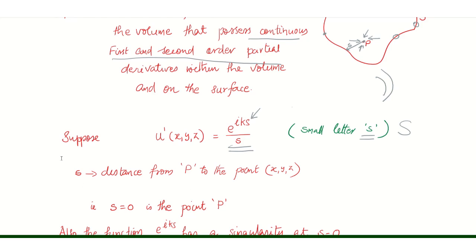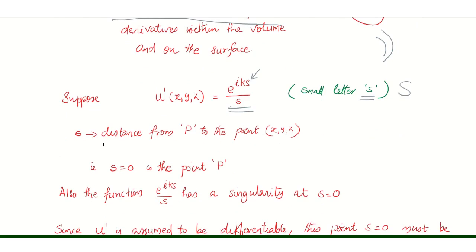Now there is a problem, because when s equals 0, it means it is the point P, and because s is in the denominator, at the point P this wave function is going to shoot up in value, going to infinity, and therefore we can say it has a singularity at s equals 0.